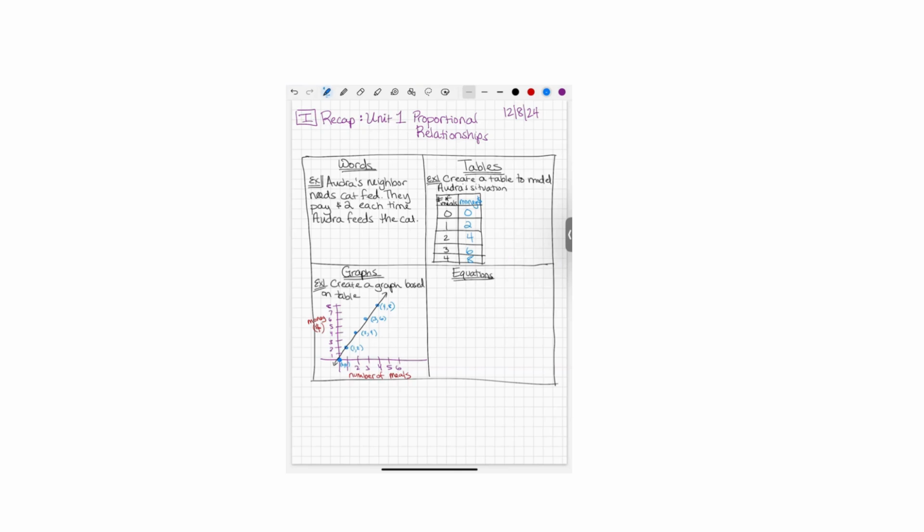Okay, and then below our big quadrant with the squares, we're going to start listing out some characteristics of proportional relationships.